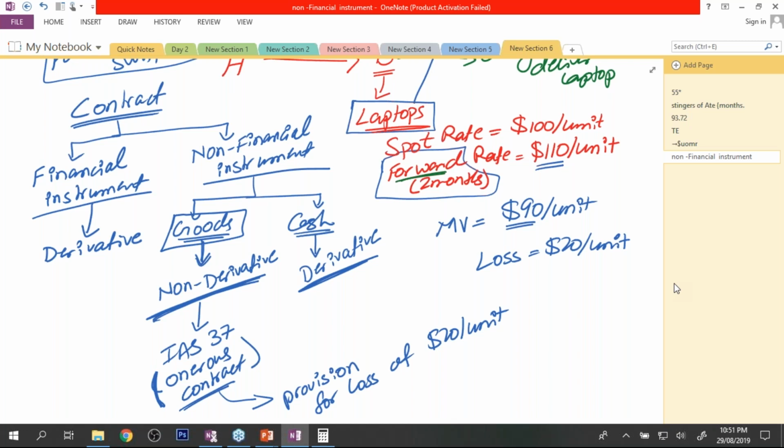If it can be settled in cash and my intention is to settle in cash, it will become a derivative. And if my intention is not to settle in cash, it's a non-derivative. And in that case, we will be required to account for it under IAS 37 and check whether it's a loss-making contract or not. If it's a loss-making contract, we need to recognize a provision against that.